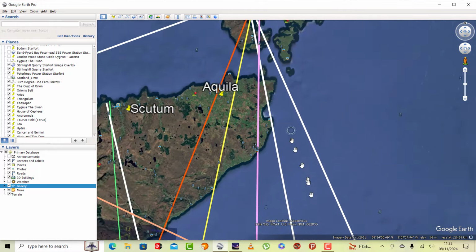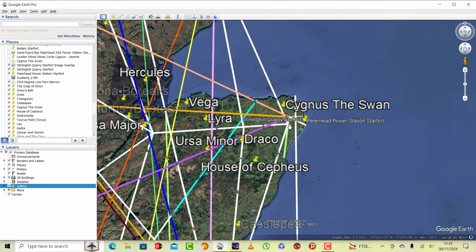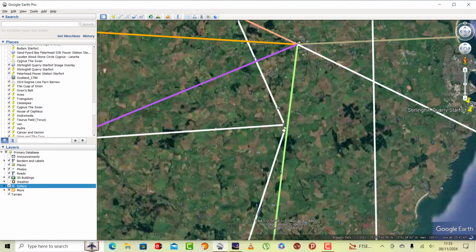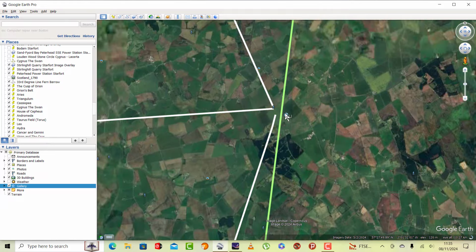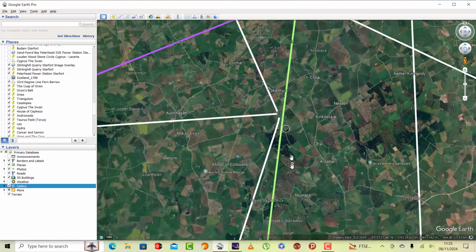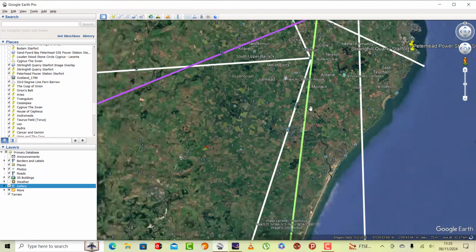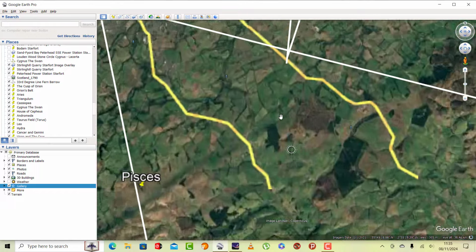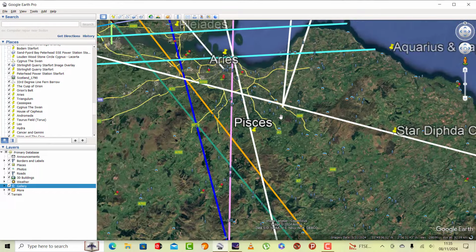Down here you have Northern Aberdeen, just next to Cygnus the Swan. You have, I can't remember the name there, it's not Buttery Hill, it's Skelmuir Hill, a bunch of standing stones and cairns, and that's an alignment of stones just south of Edinburgh.